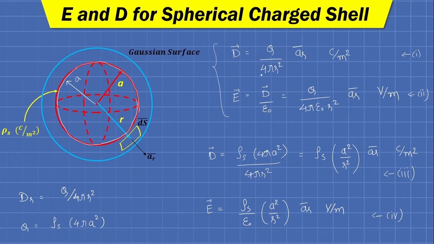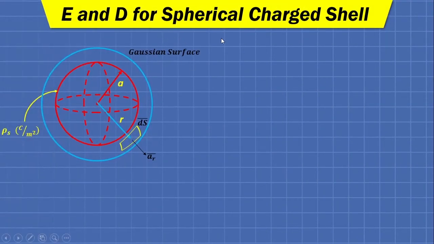So if we put a, then for the surface, on the surface of sphere we will have D bar equals Q upon 4 pi a square in the direction of r, and the unit is coulomb per meter square.